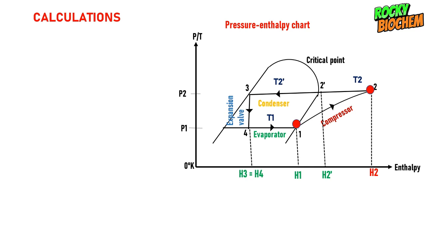So I am still on the calculations. Normally, you'll be asked to calculate what we call the refrigeration load or the cooling load. The cooling load has to do with the rate at which heat is removed from a given substance in order to lower its temperature.